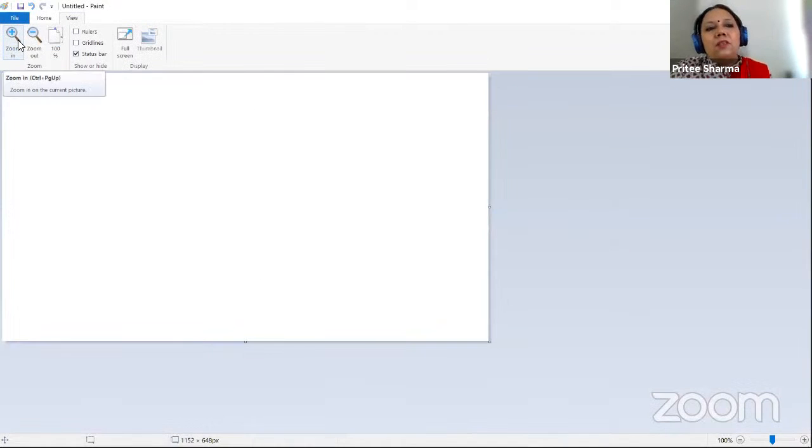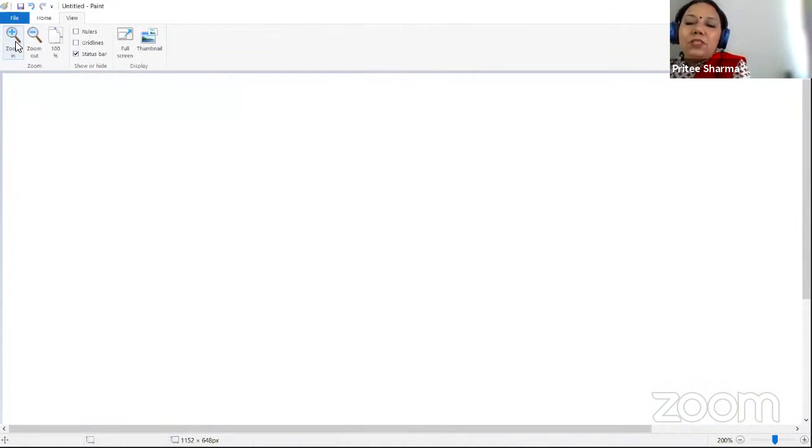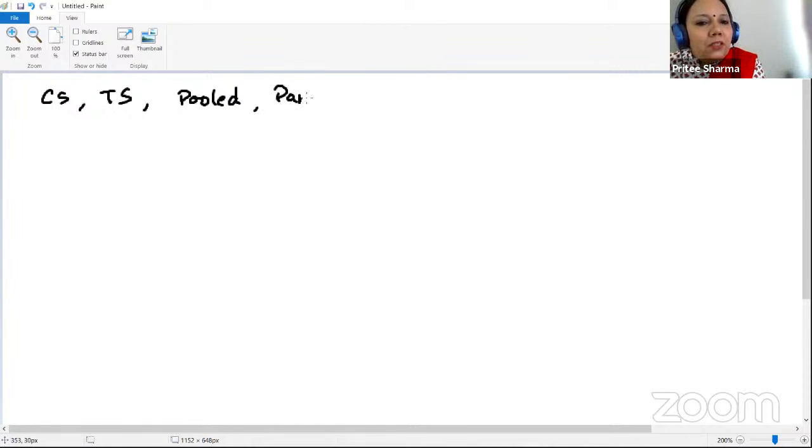You remember what we started with. First, we discussed what cross-section data is. Then we discussed what time series is. We did not explain it, but we said that there is cross-section data, there is time series data, and then there is pooled cross-section data, and then there is panel data.